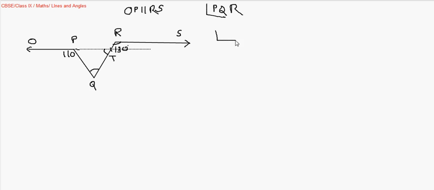See, angle RTP is equal to angle SRT. I'll use another color to highlight that part. This angle and this angle are equal because they are alternate angles, as OP is also parallel to SR, which I have extended.